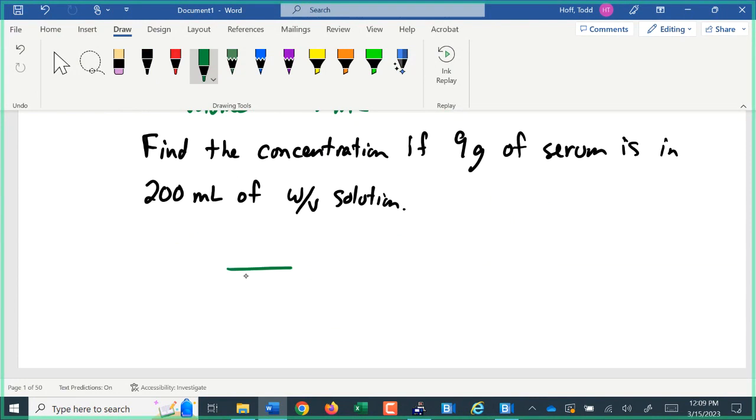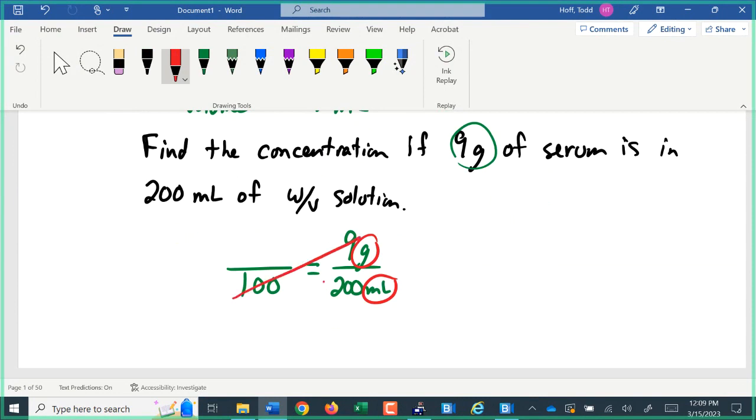So we're looking for the concentration, some sort of blank out of 100. We have 9 grams over 200 milliliters. This is the combination of units we need. We need grams for the weight, milliliters for the volume. So we can just cross multiply and divide. 100 times 9 divided by 200 is 4.5. So 4.5 out of 100, or a 4.5% solution.